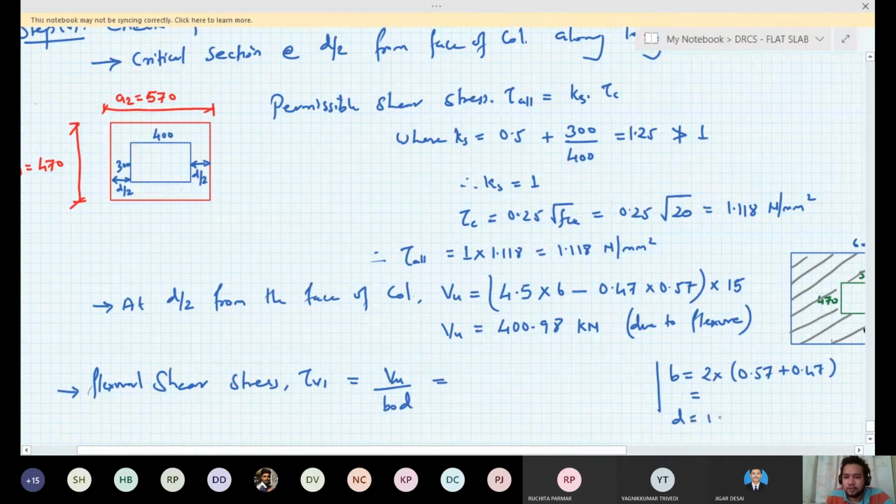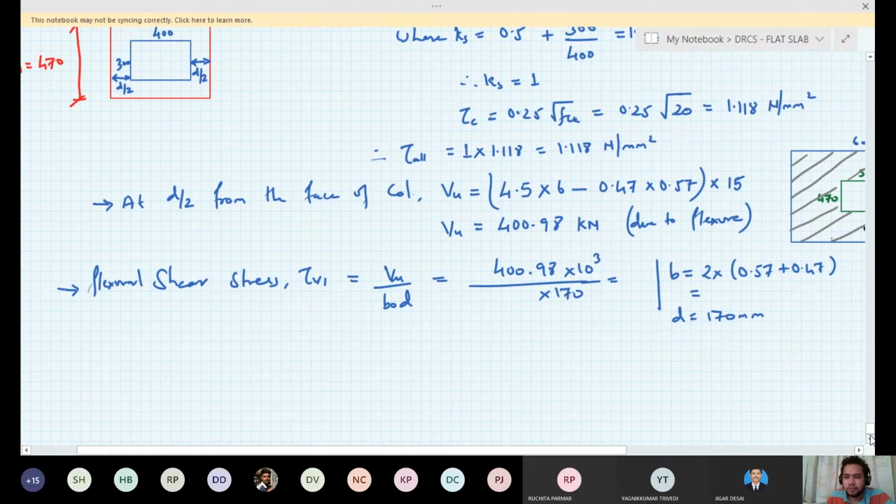And your d will be 170 mm. So substitute this value, 400.98 into 10 to the power 3 divided by this width times 170. How much is this value? Otherwise I will just write the steps, you find the value later on. Then we have b0 equal to 2.08, that is 2080 mm.